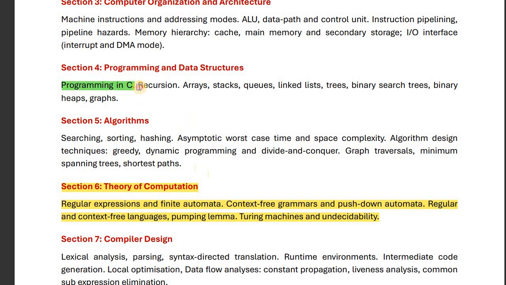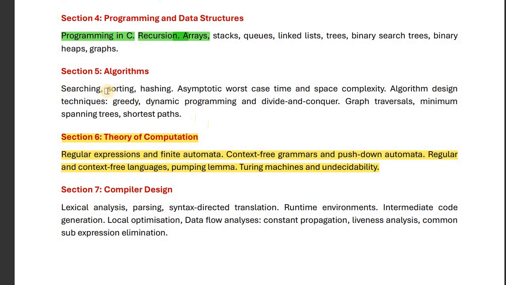In data structures I have covered recursion and arrays. Algorithms I have not started yet, but after 2 or 3 days I will start algorithms. I will watch these 2 subjects in parallel, so in 25 days we should cover all of them.